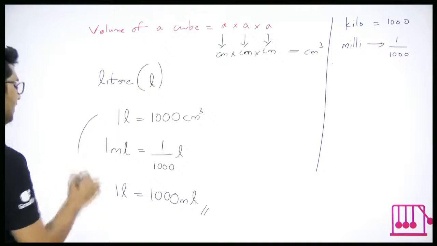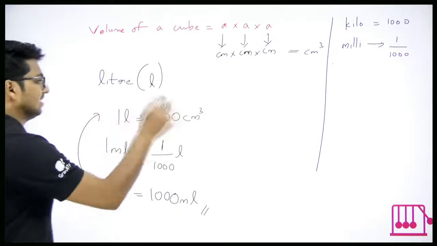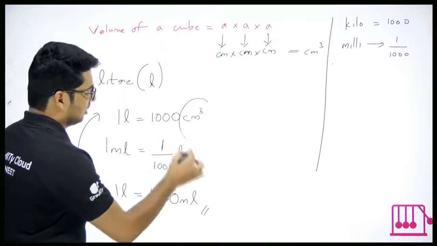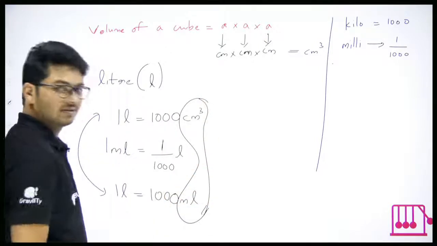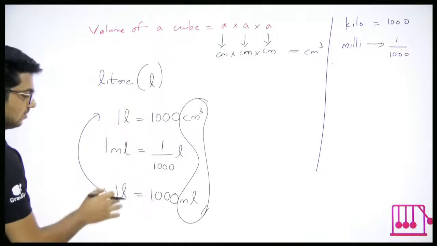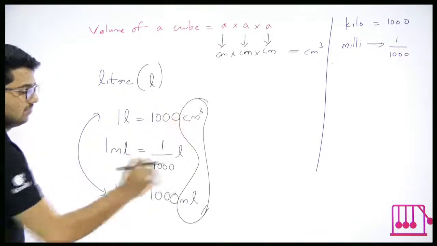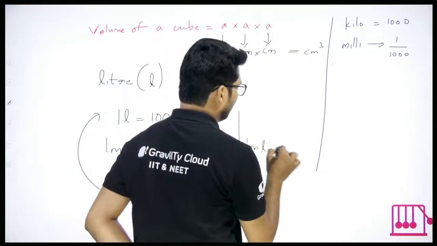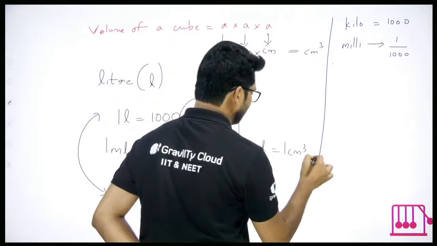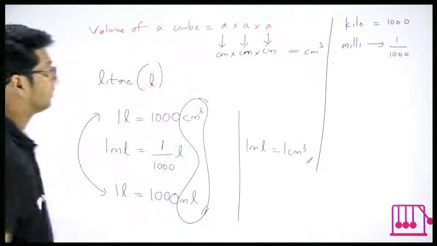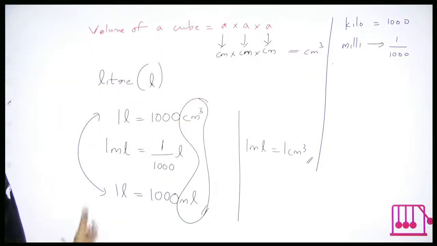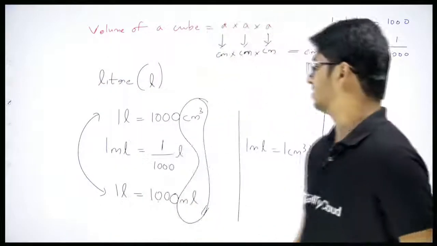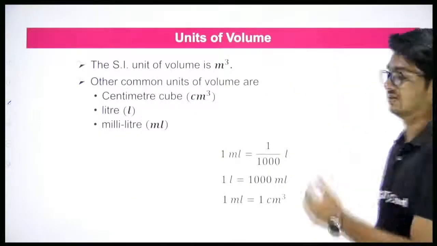Okay, and if you compare these two, 1 liter is 1000 centimeter cube, 1 liter is 1000 ml. The only thing that changes is this. That means centimeter cube and milliliter should be equal, and in fact they are equal. 1 milliliter is equal to 1 centimeter cube. So all these are unit conversions, and what you have to remember is this.